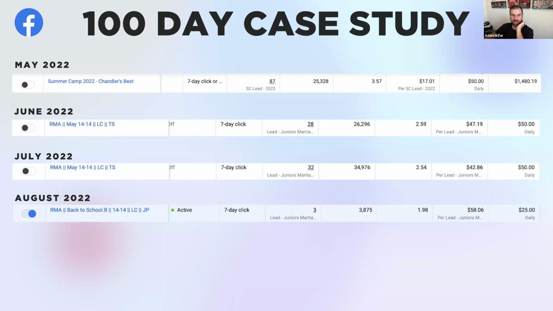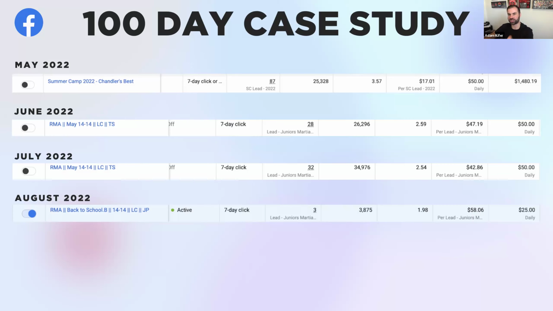Okay, so if we sort of look at cost per lead for this specific account, this account is typically a high cost per lead area. So with this specific school, when we took over their account in 2022, the previous agency that they were working with was getting cost per lead around $150 to $200. Okay, so we got that significantly down on Facebook.